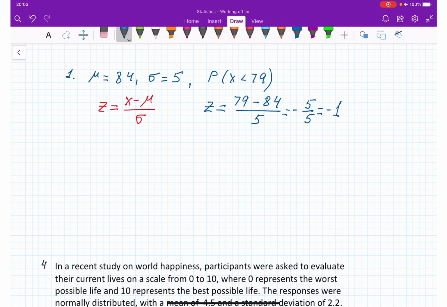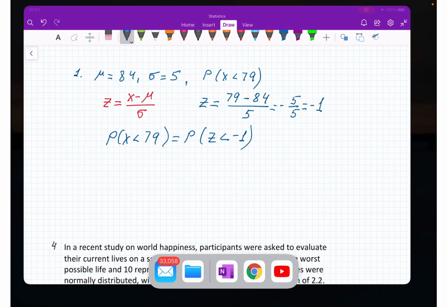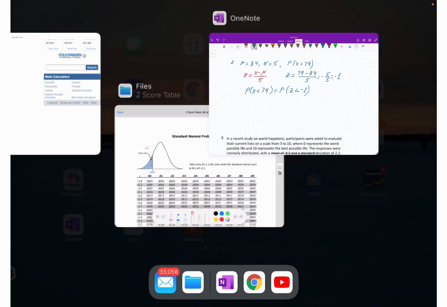Now, to find our probability of x less than 79, since we already have less than, we don't need to change anything. We can replace it with the z-score being less than negative 1.